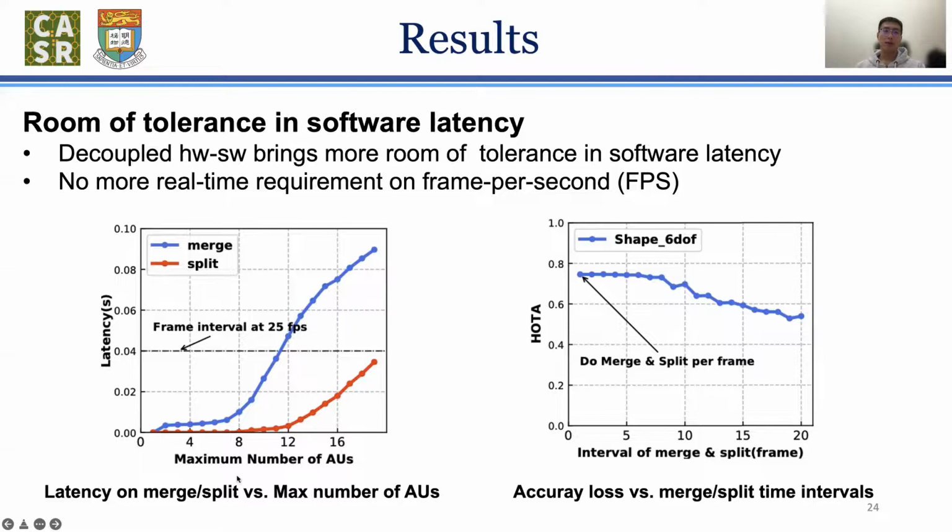Here shows the latency of our high-level merge and split algorithm versus the maximum number of AUs deployed. We can see that the latency increases dramatically. However, because our hardware is continuously checking events, we actually don't need to do merge and split per frame, which means 25 hertz, 25 times merge and split per second.